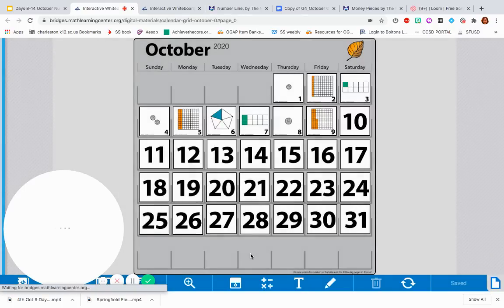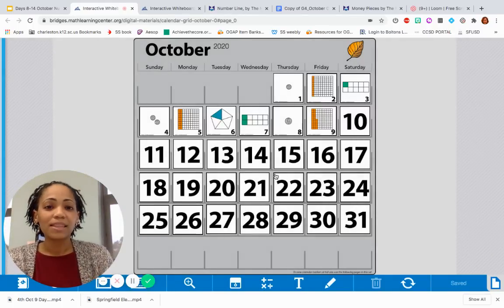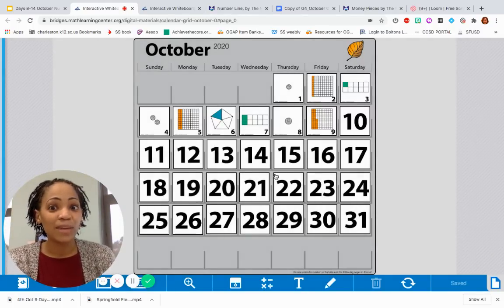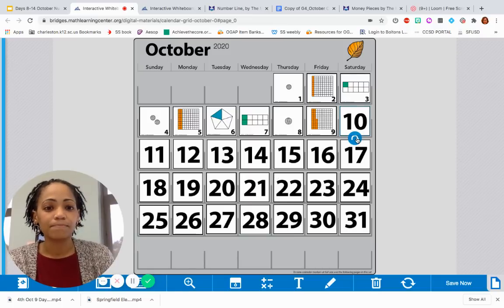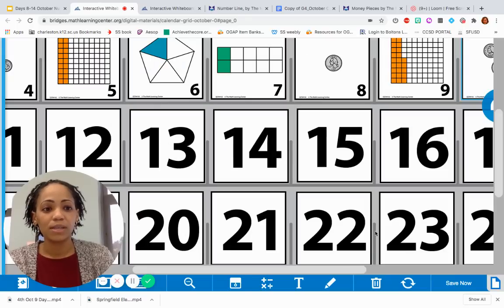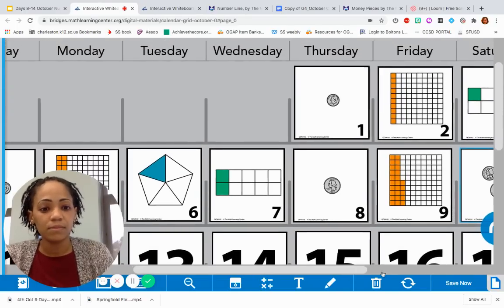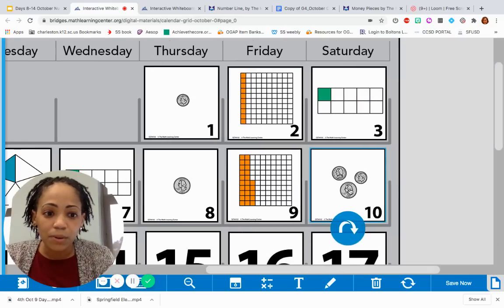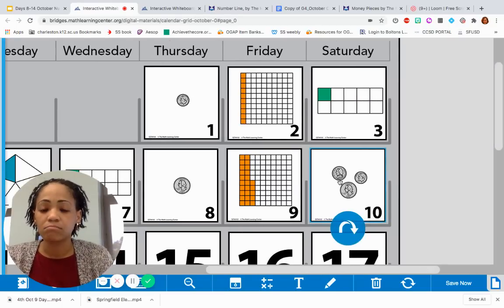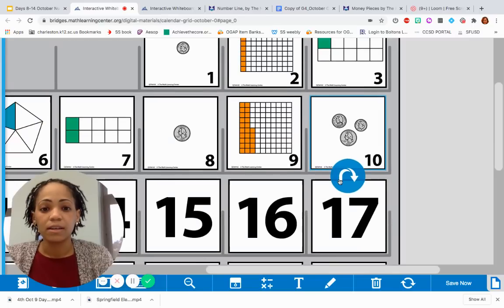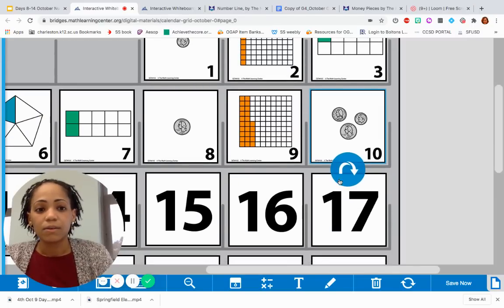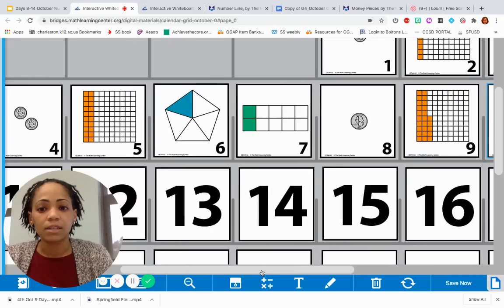Today I said is October the 12th. But let's see what happened on the weekend. Zoom in. You can really see it. Looks like we have a quarter, a dime, and a nickel. Okay. Well, let's see what Sunday looks like.